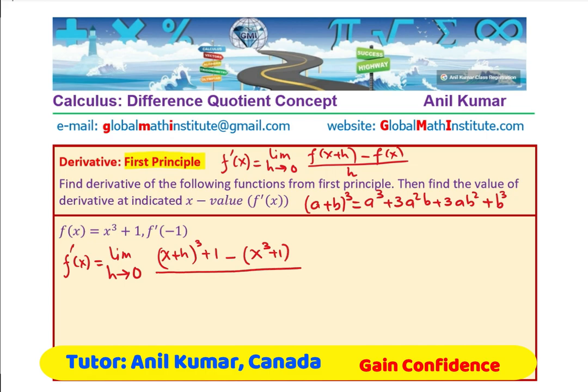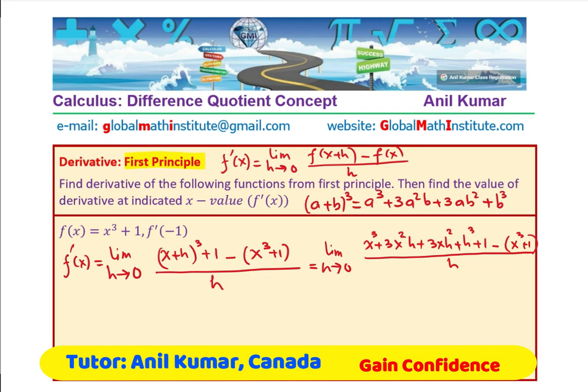Divided by h. So we can expand using the given formula, which gives you x cube plus 3 x square h plus 3 x h square plus h cube. And then we have plus 1 here, minus x cube plus 1, correct? And the denominator being h.